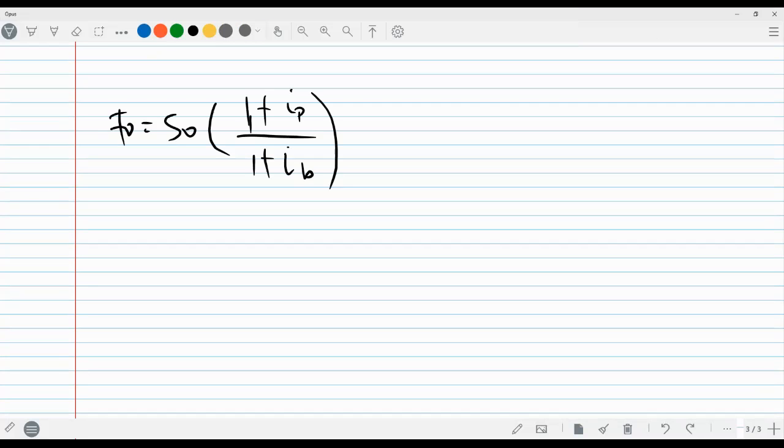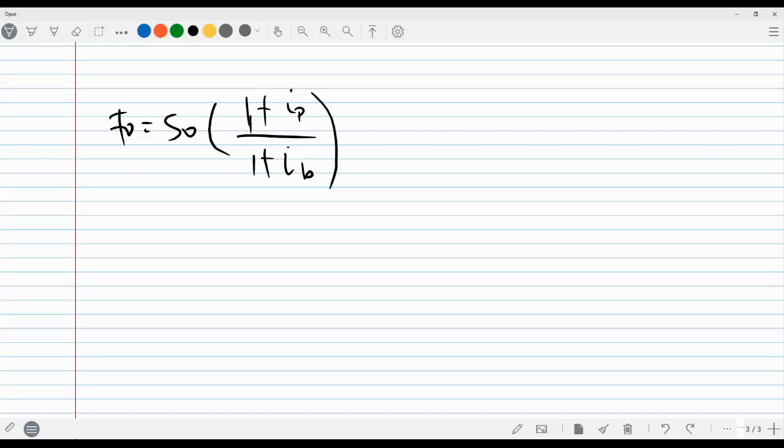We're asked to get the implied interest rate in Southland. The forward rate is equal to the current spot rate times 1 plus the interest rate in the price currency, divided by 1 plus the interest rate in the base currency. Two quotations are given, one direct and the other indirect, so you can use one of them. Let me use the first one.